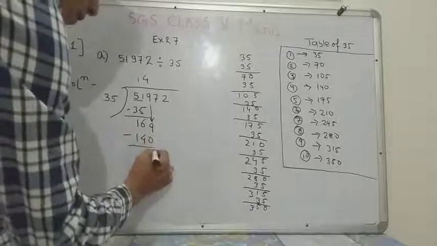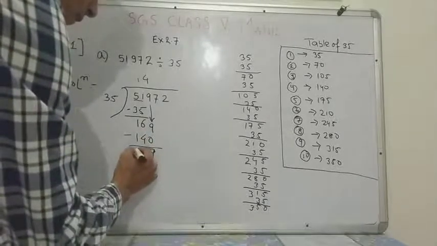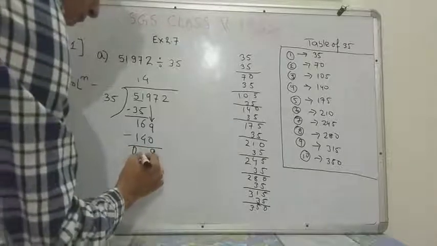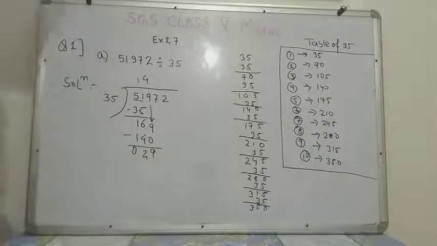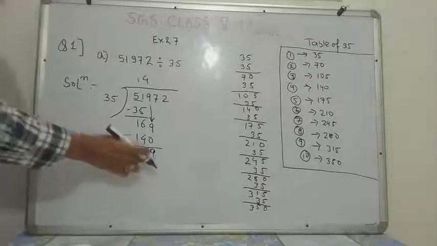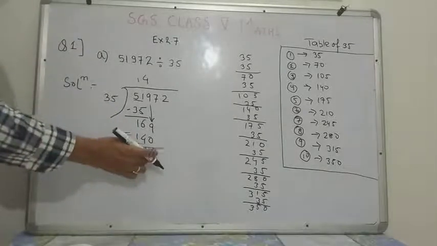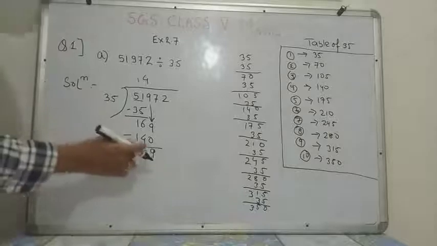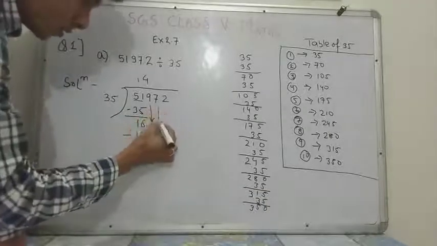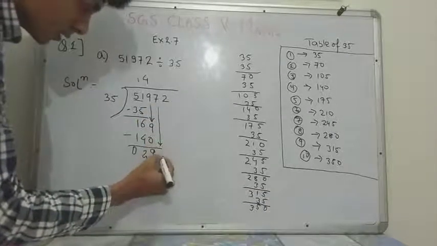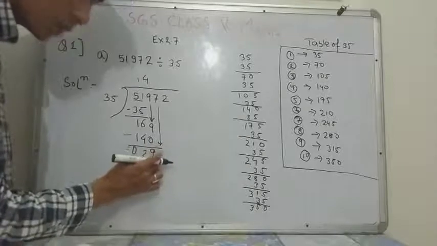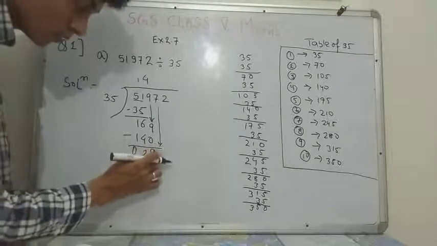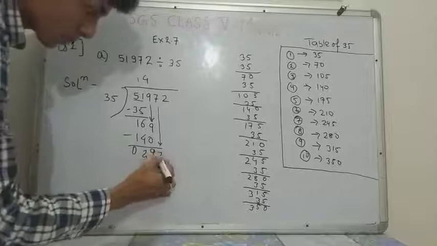Again we subtract and get 29. Since it is smaller than the divisor, again we put down the remaining digit from the right side, that is 7.